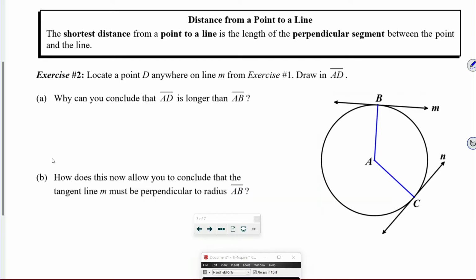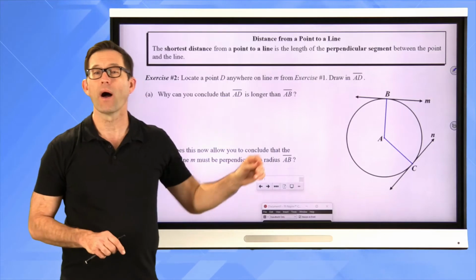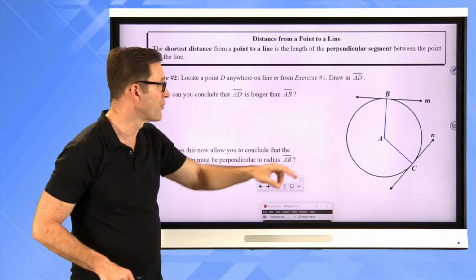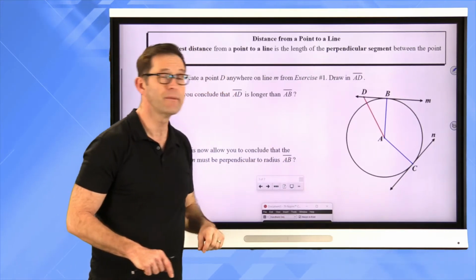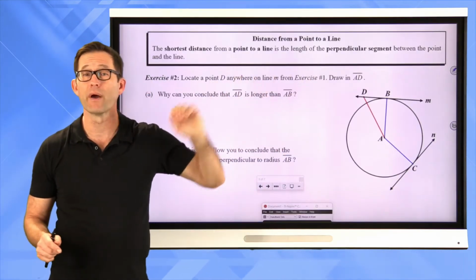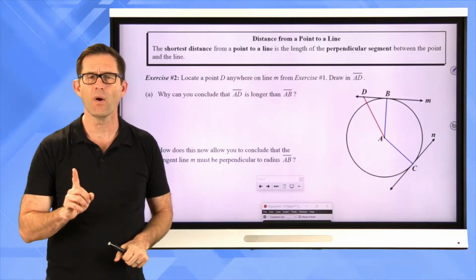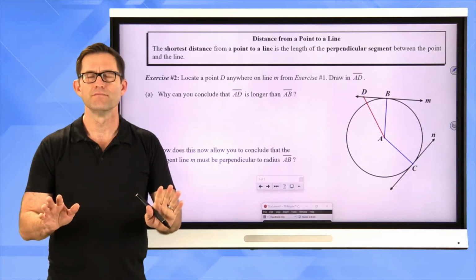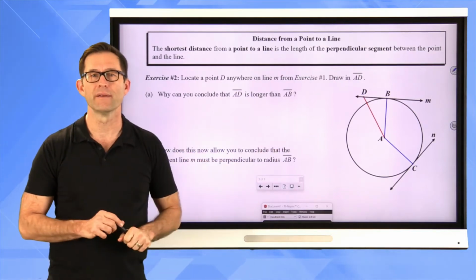Locate a point D anywhere on line M from exercise number 1. Draw in segment AD. All right, cool. Well, I'm going to put my point right over here. You can put your point anywhere you want, but I'm going to put it right over there. So pause the video now and get that drawn in.